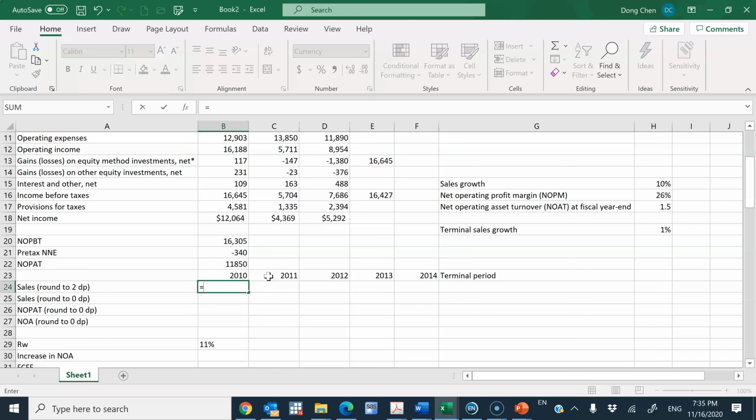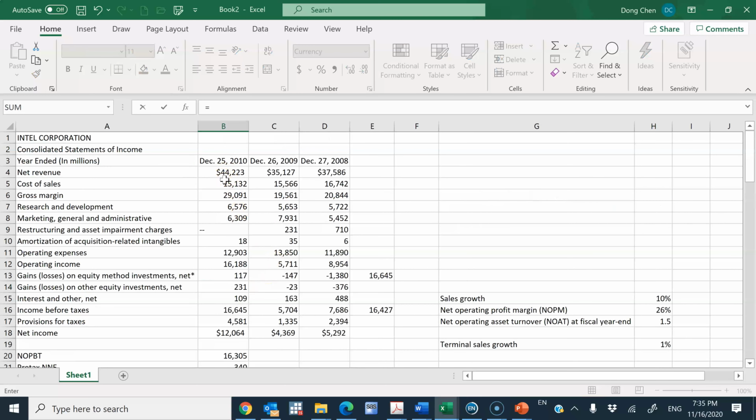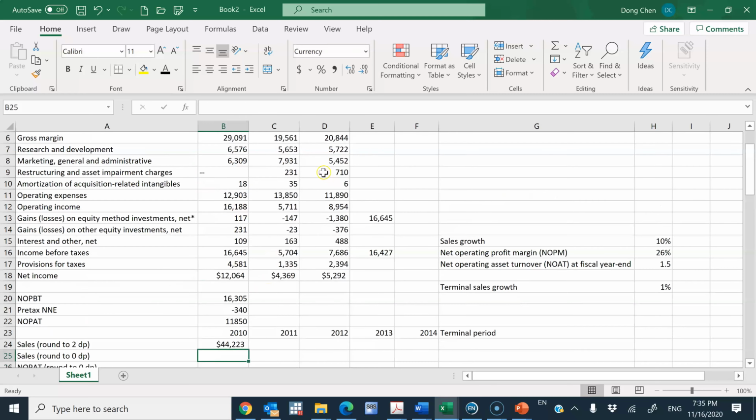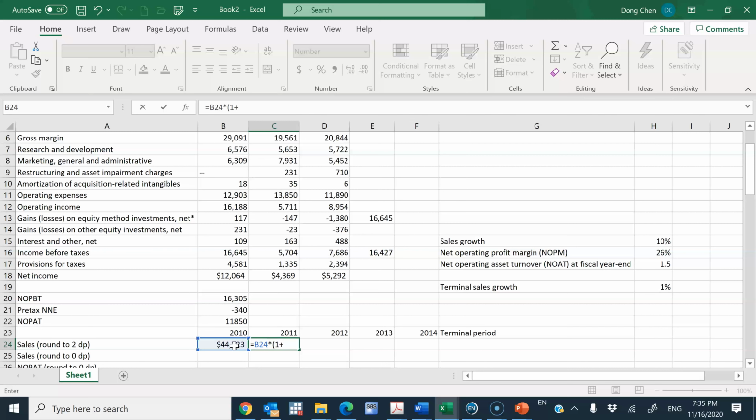The current sales is simply just copy the current number, and then next year's sales is simply the current sales times 1 plus the sales growth rate. And I want to fix the growth rate here, because later on I want to drag the formula to the other years, and I don't want this to change.